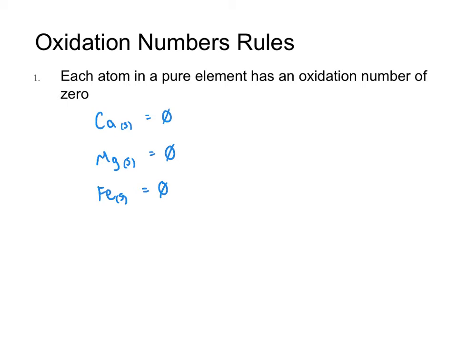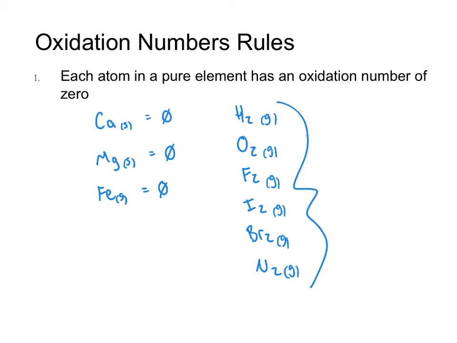Our diatomic gases, which we've talked about, things like H2, O2, F2, I2, Br2, N2, and so on. If these are all in their gaseous state, then they are all in their elemental form, and thus all have oxidation numbers equal to 0.